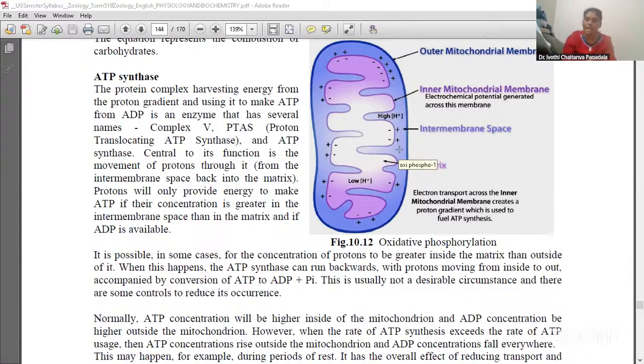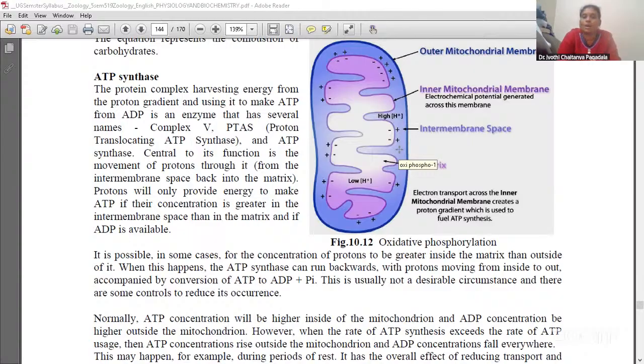When that happens, the ATP synthase runs backwards with the protons moving from the inside to the outside, accompanied by the conversion of ATP to ADP, and phosphate is also released.